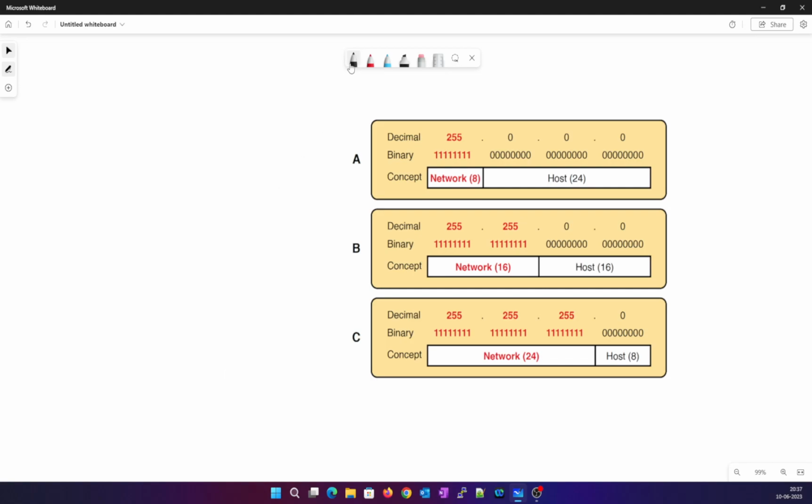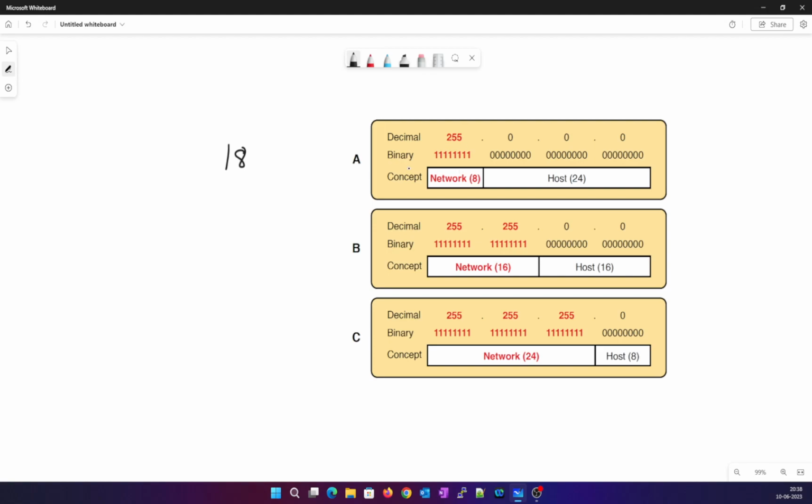As mentioned in this diagram, for a class A IP address, we know that the slash number is /8. So /8 means that only the first octet is part of the network. The first octet plays as the network octet, and the rest of the octets are the host octets.